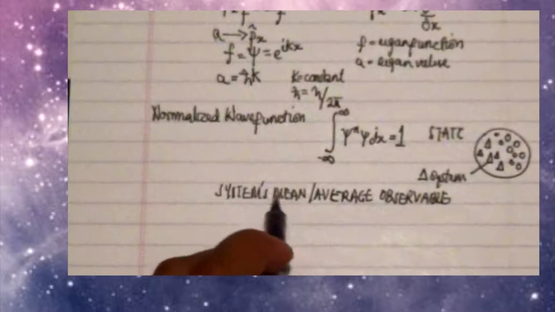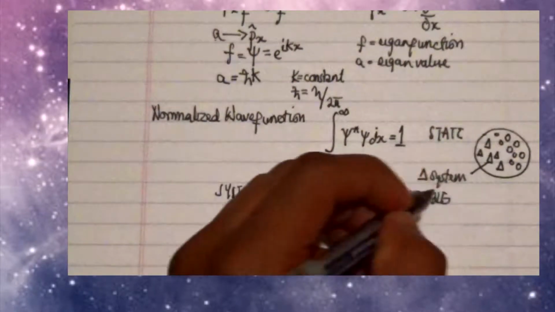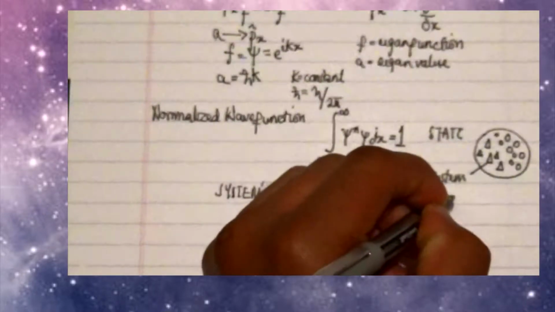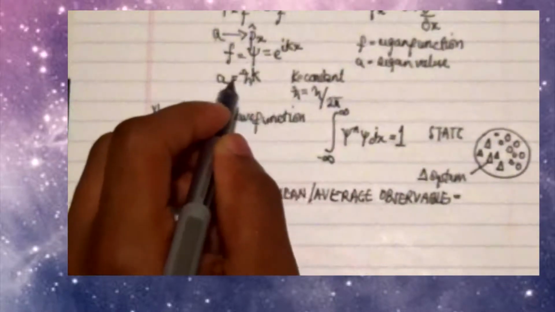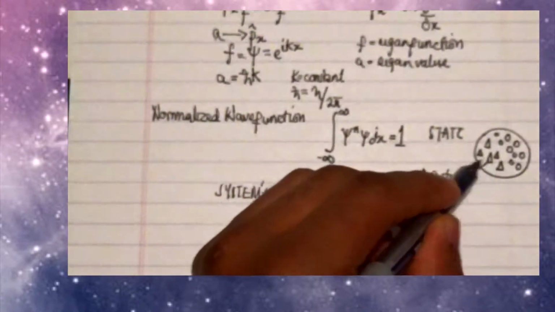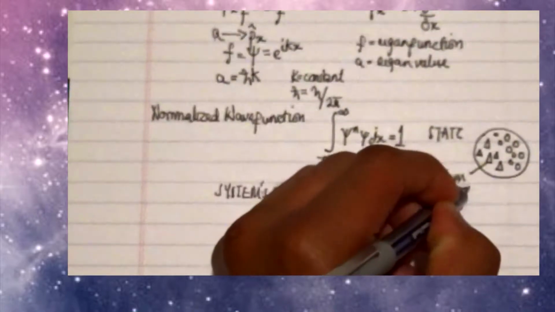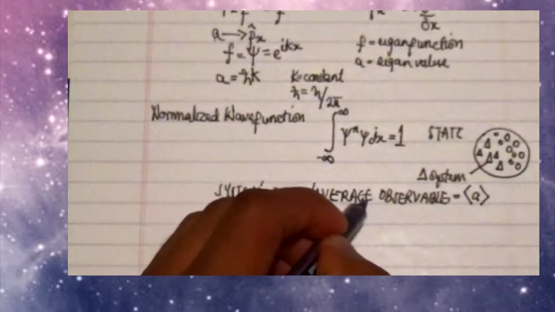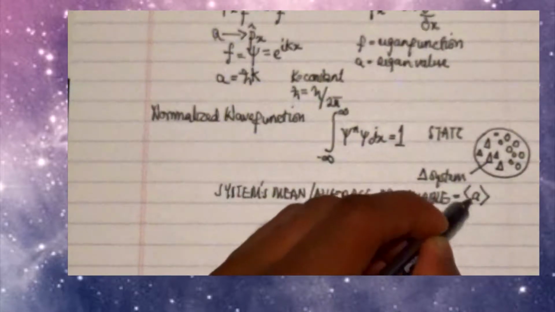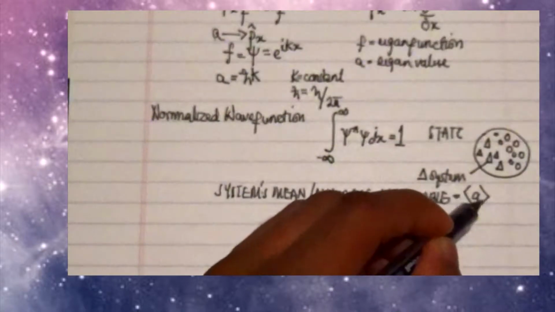This mean or average observable of our system will be expressed in terms of a, because a is our observable, and we are using the observable for a particular property, which in this case is a triangle. We can express a in this particular format with respect to the average observable, where we use this particular angle bracket.